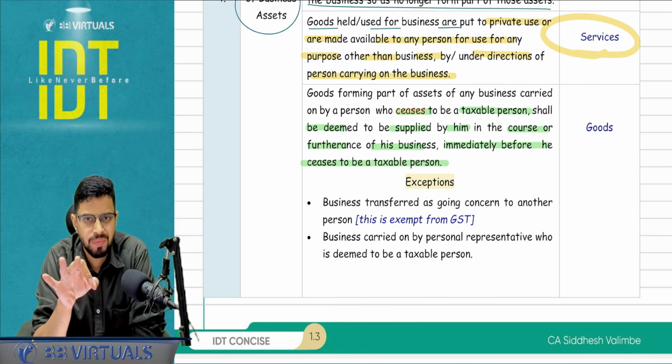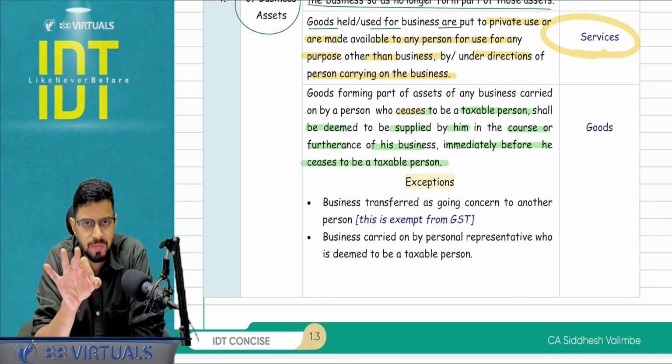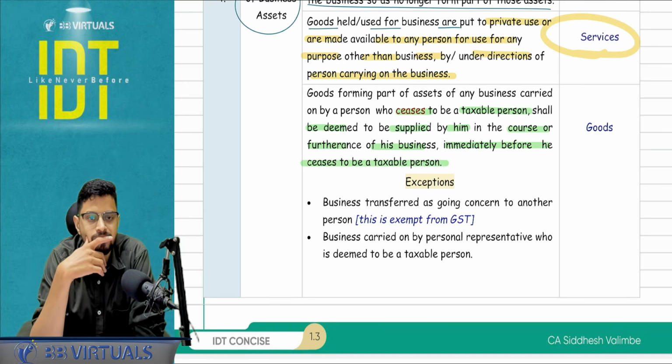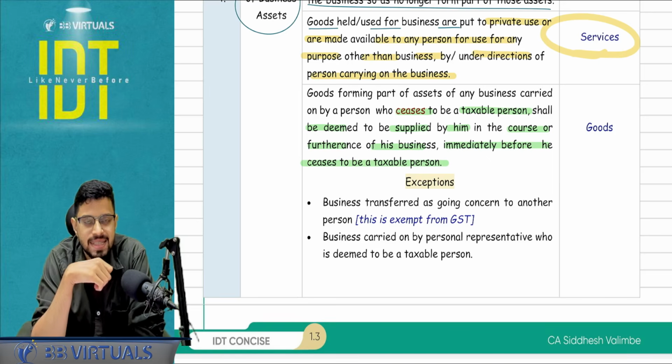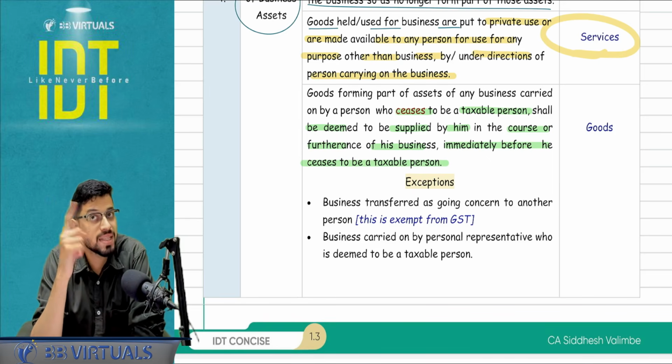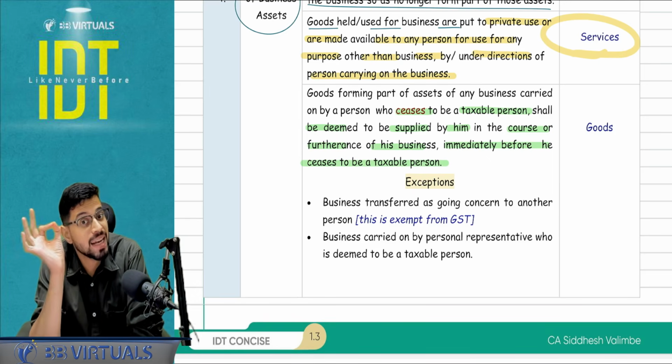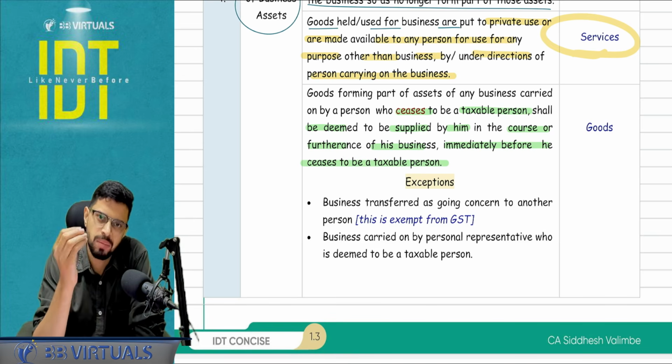So at that time the government assumes, deems means assumes, that all your assets are supplied by you. Sir, why? Because you're exiting the GST now. Sir, is it written somewhere? Yes. We are going to be talking about this in section number 29, cancellation of registration. So at that time, it is assumed that all your assets are supplied.